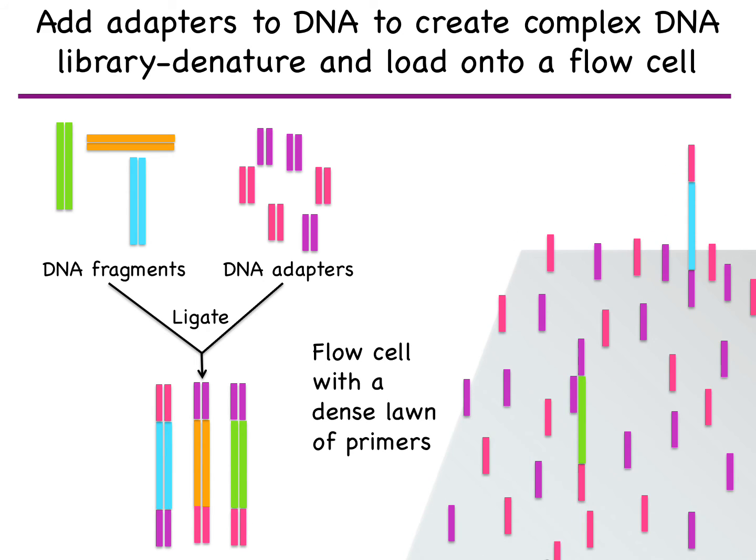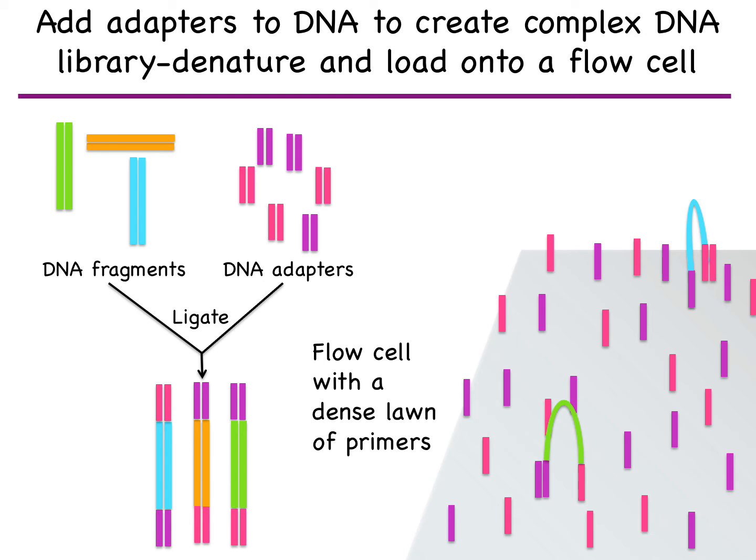So you heat up the flow cell, you flow everything off there, and you just have these anchored molecules. And then what's going to happen is the ends of these molecules are going to be complementary to the primers that are on there, and they'll bend over and base pair with the primer, and then you'll just repeat this process where you'll make a second strand of DNA.